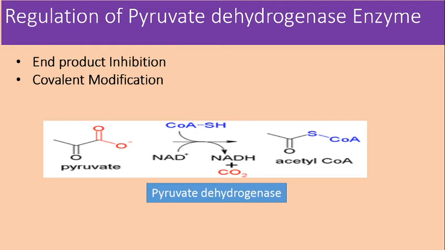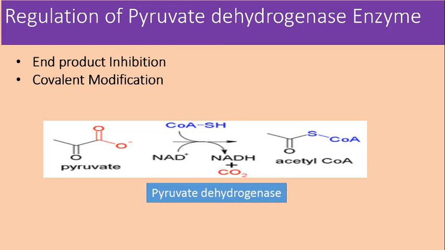In adipose tissue, insulin will stimulate the activity of pyruvate dehydrogenase complex by activating pyruvate dehydrogenase phosphatase. During muscular activity, when there is a rapid and urgent need for ATP, a rise in intracellular calcium will increase the activity of pyruvate dehydrogenase complex by activating pyruvate dehydrogenase phosphatase. So this is how the enzyme is regulated.